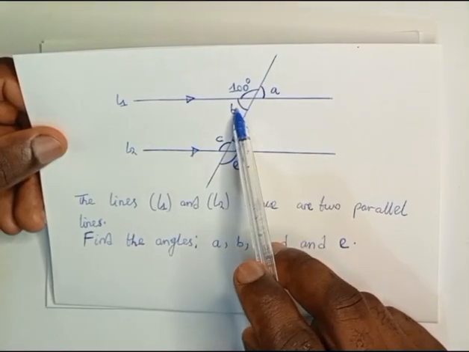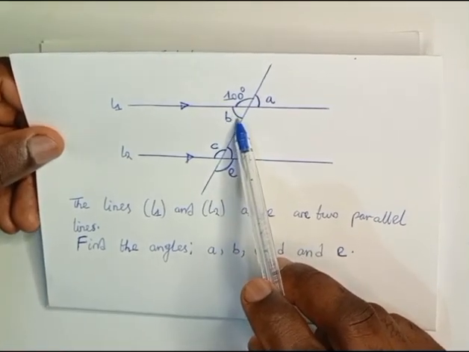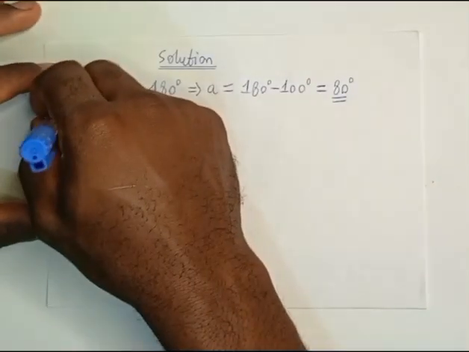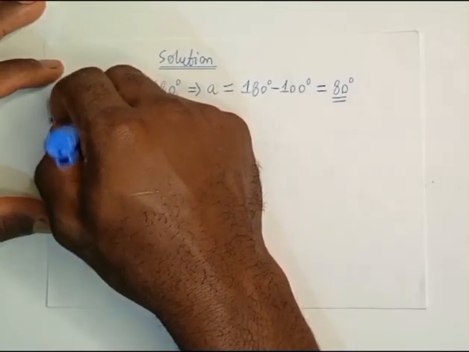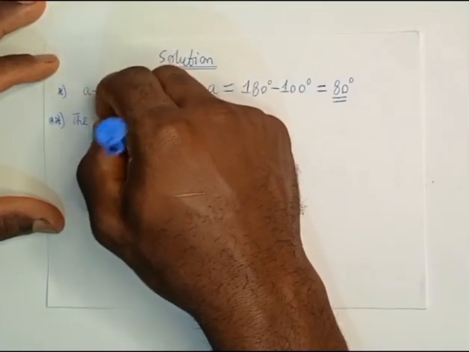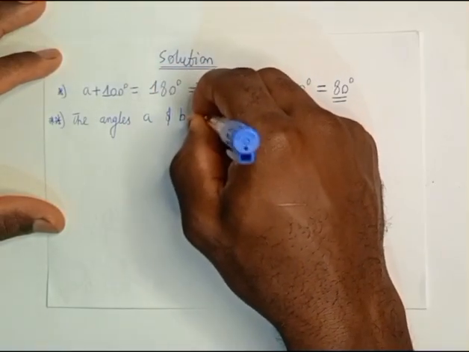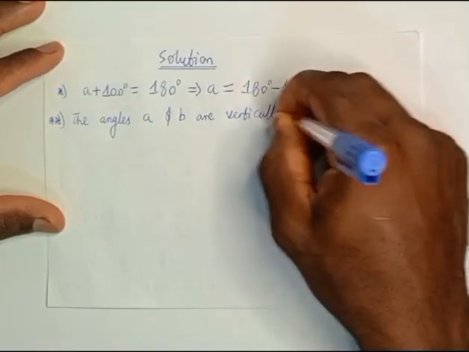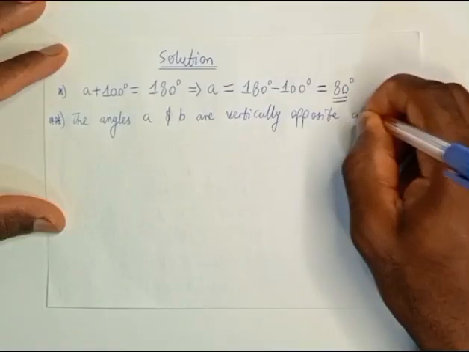Knowing the angle A, we can find the angle B. The angle A and B, they are vertically opposite angles. Take 2 star. The angles A and B are vertically opposite angles.